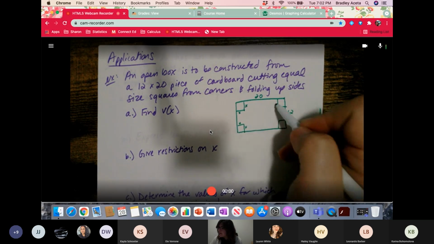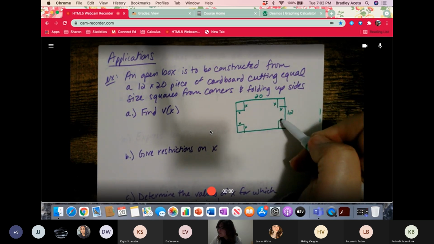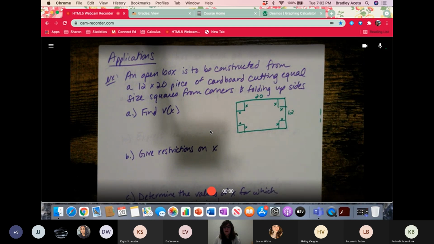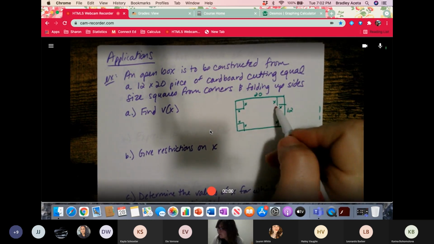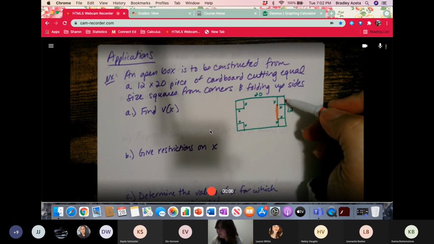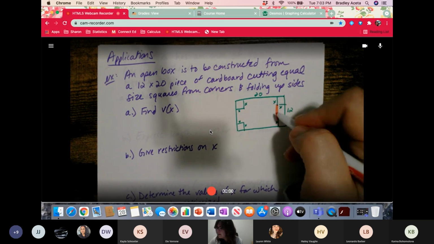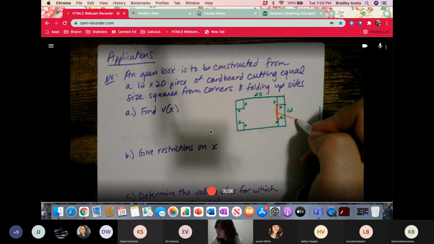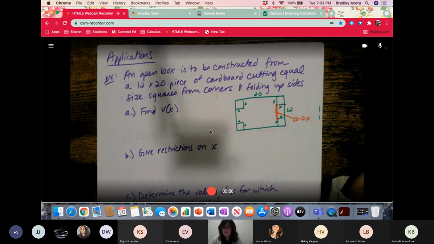Call it X by X by X. Okay, what does that leave for this length? Well, if this whole side is 12 and you cut away X and X from it, this side right here would be 12 minus 2X.